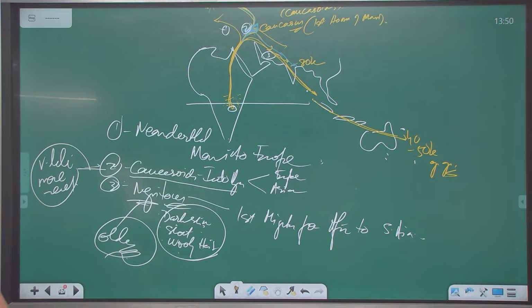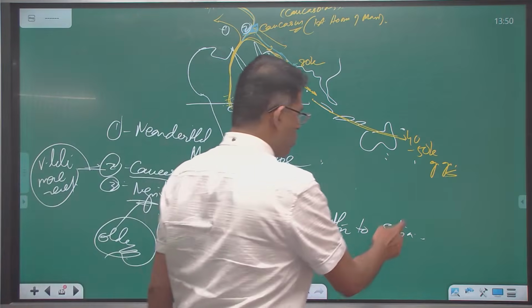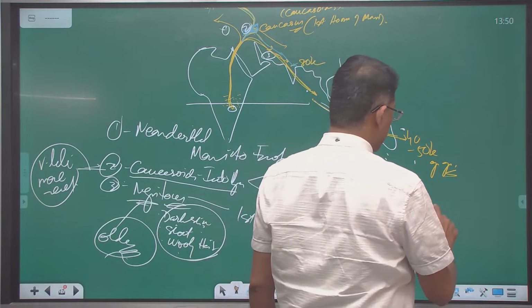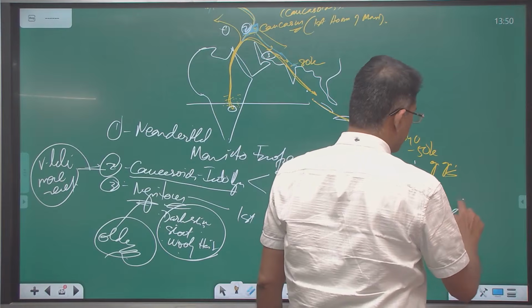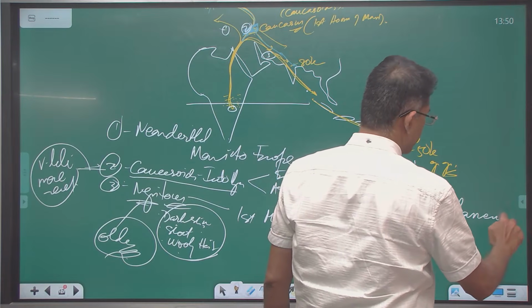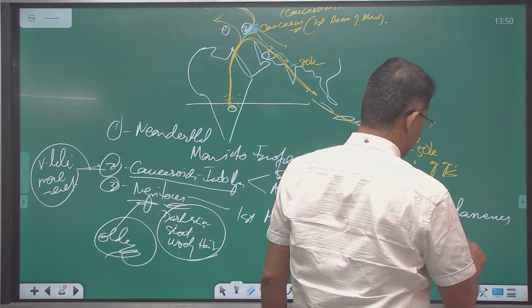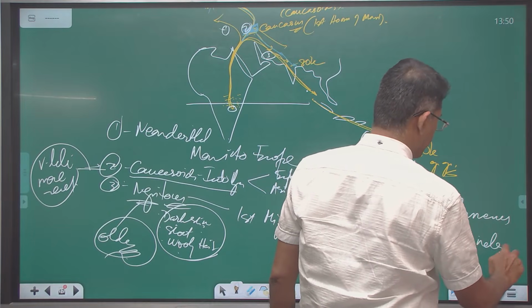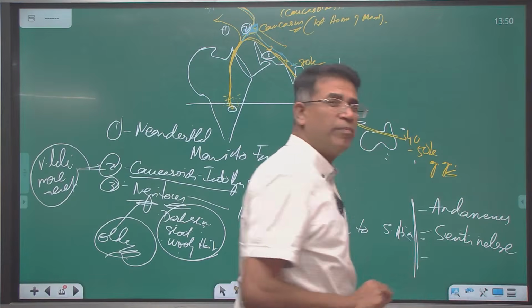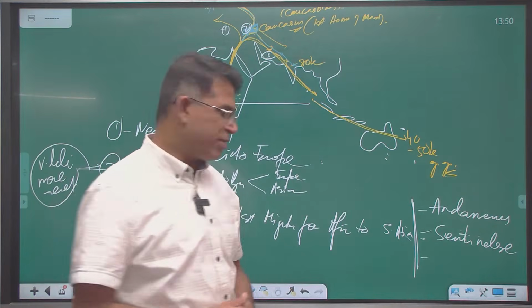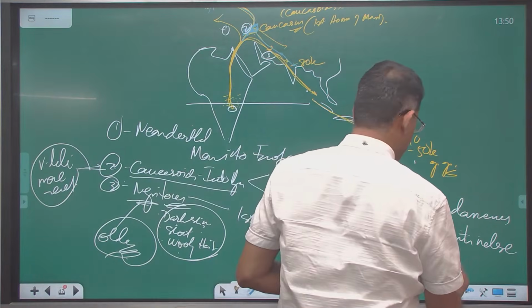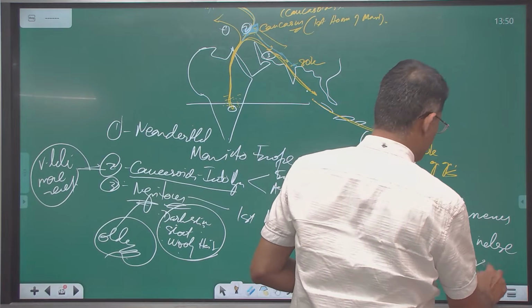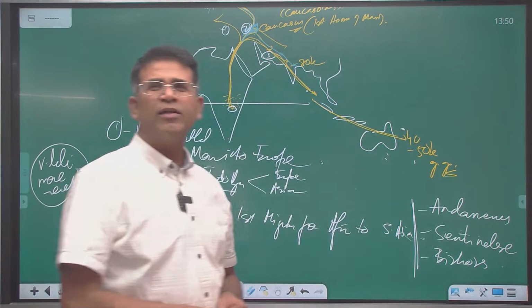Yes, you're right. So some tribes who are Negritos, I think you know about Andamanese tribes. You heard about Sentinelese. Right? Yes, you have got Birhors of Orissa, Jharkhand.